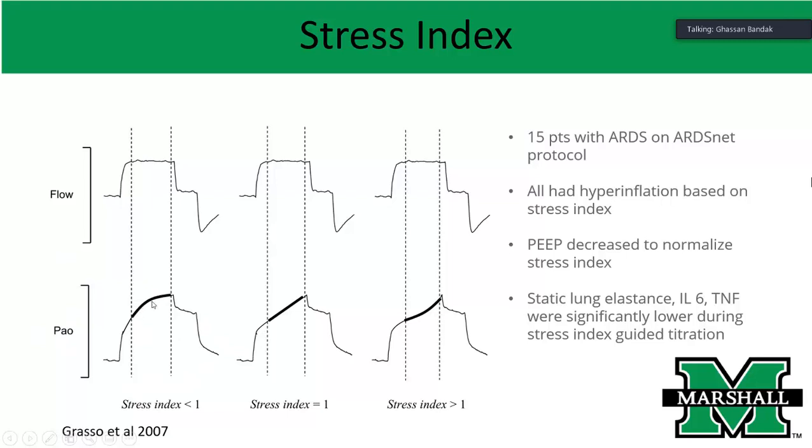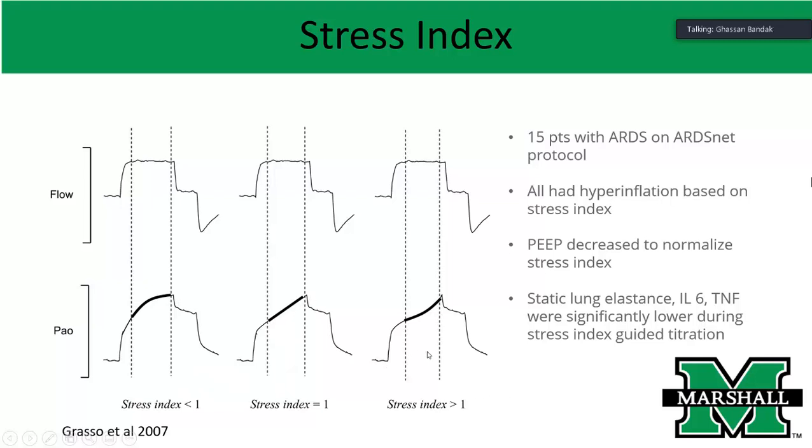But it does not. It goes up less and less with time. In the second, this is a stress index of less than 1. In the second part of the graph, you can show that as the breath goes on and the lung is filled with gas, airway pressure increases in a constant fashion.